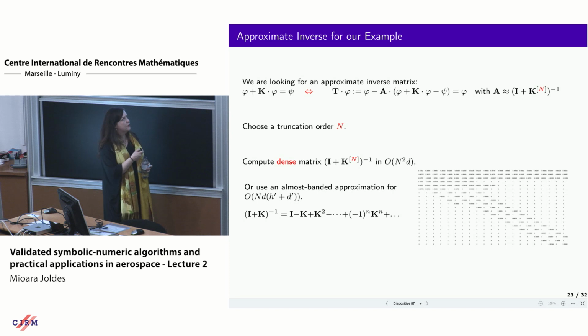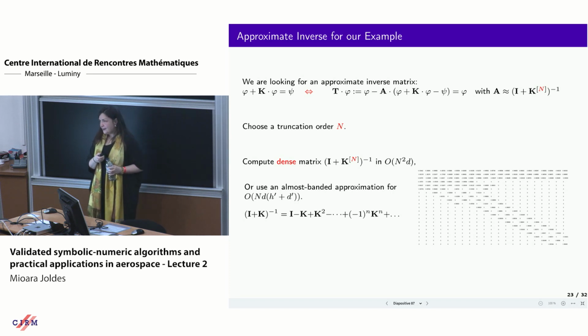and use just a few terms of the Neumann series, and then I will have an approximation, maybe sufficiently good, of the exact inverse, and it will also be almost banded, which is nice because we keep the complexity linear with n.